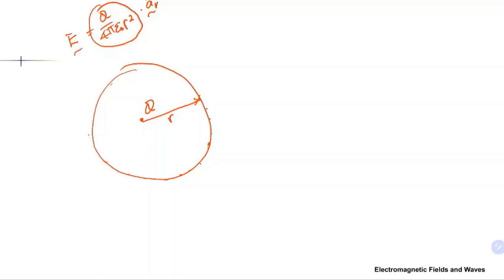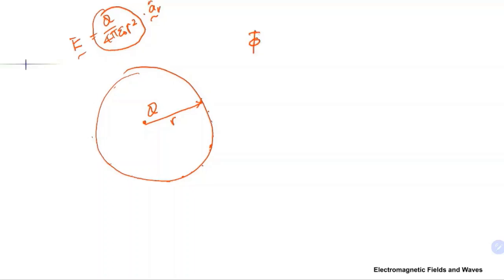In this case, for my electric flux, so my Gauss law, we know that this dot product of these two vectors is in the same direction. The electric field is always perpendicular. This is my dS, and therefore this is the integral.